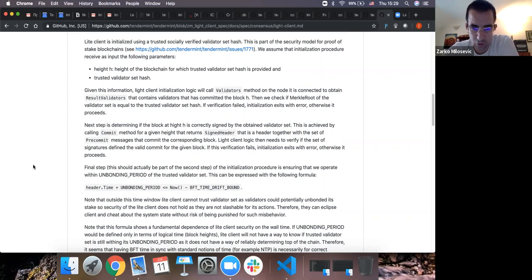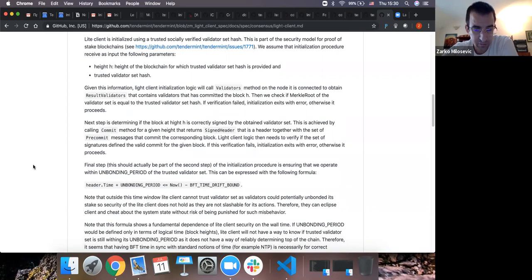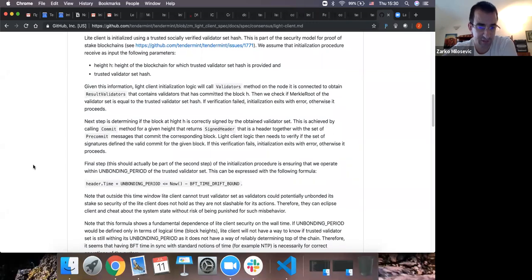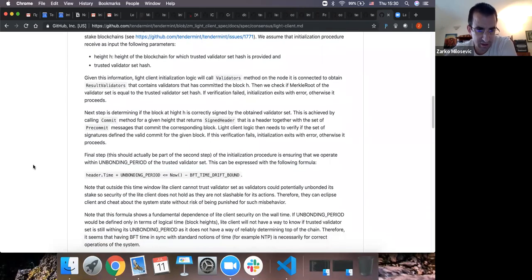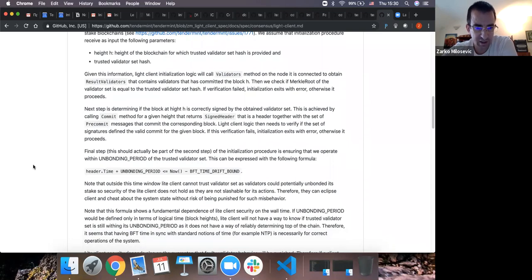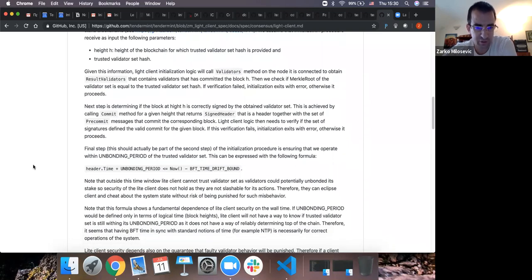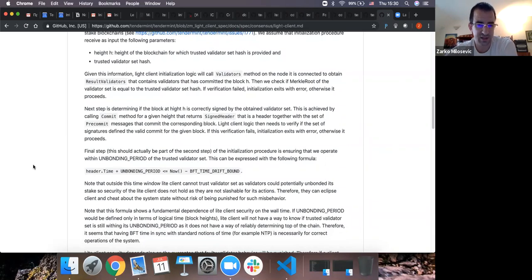The benefit of this is that we also verify the header of the block at height h, and as part of the header we have time, which gives us the possibility to check whether we are within the unbonding period or not. And the second thing is that it gives us also the next validator set hash.